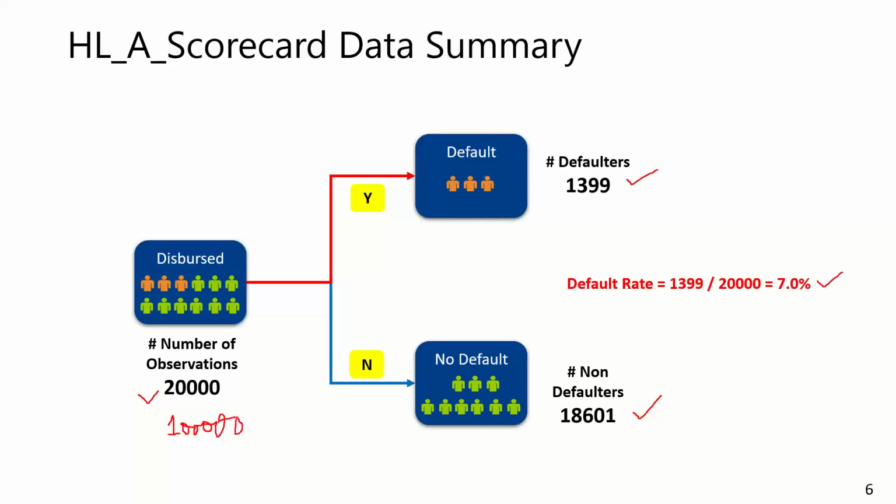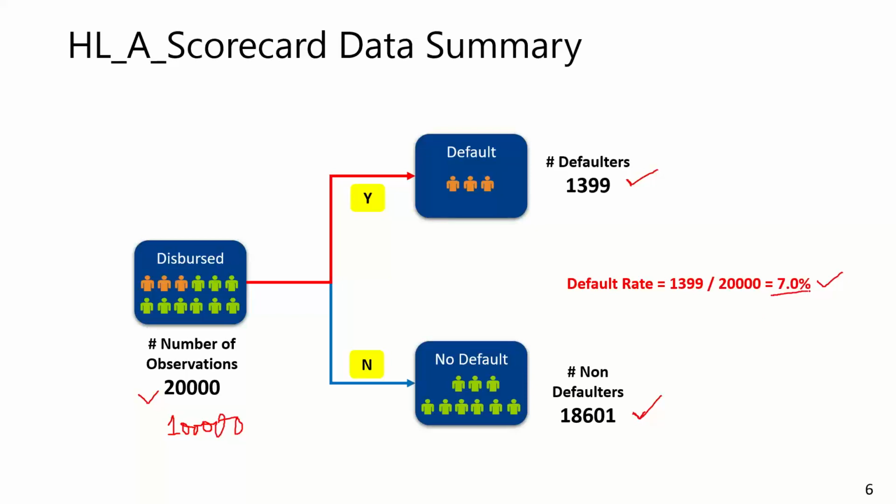In that historical data of 100,000, there are overall 1,399 defaulters. In this scenario, my default rate would be just 1.4 percent. However, what I do is take all the defaulters and only a partial set of non-defaulters. The moment I take a partial set of non-defaulters, my default rate has increased.